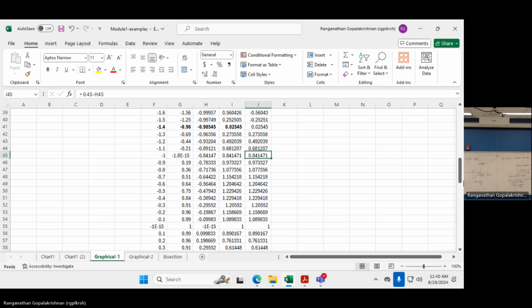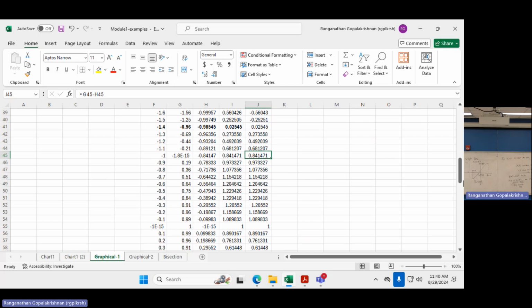Anyone can do faster than this? Come on. What is f of minus 1? 0.017445. Let's say we'll keep it at 4 decimal points.